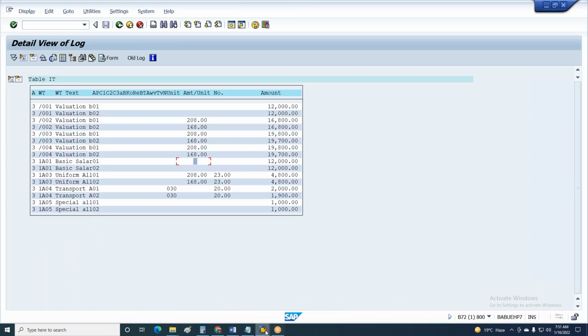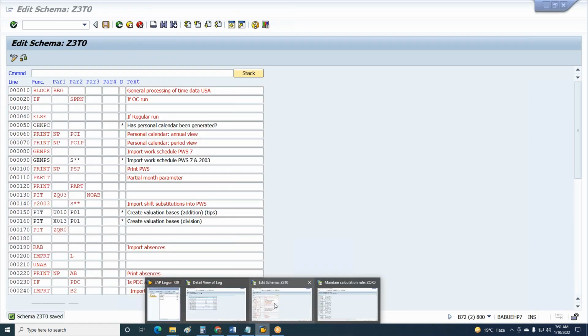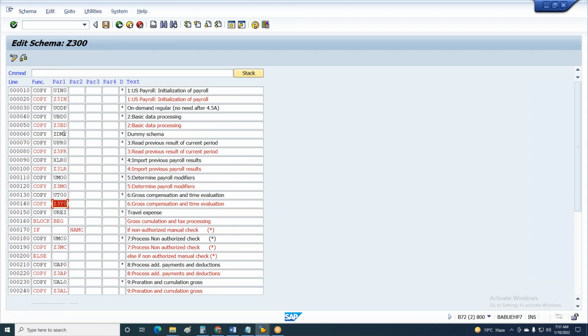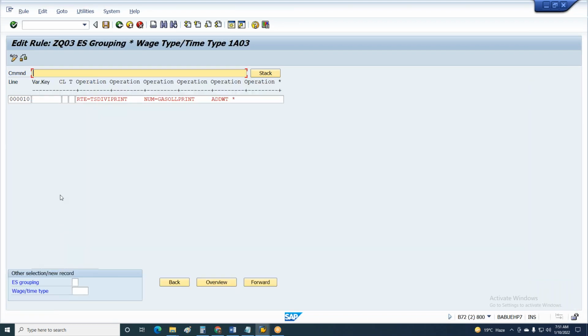So maybe the previous PCR is generating it. One minute, guys. We have written the rules the other day, right? Here. J3. It is in deactivated mode, where is this coming from? This one?